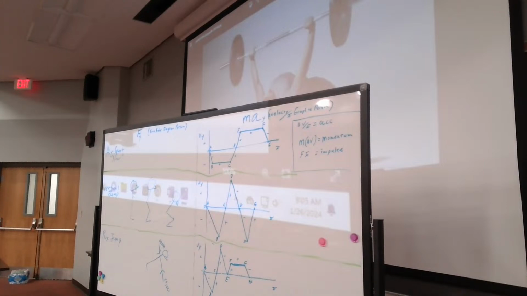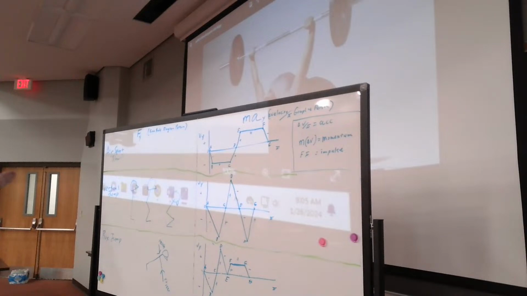So what is the force that slowed the bar down while it was going down? Your hands, the push from your hands. What's the direction of that force? Up, positive Y. What is the acceleration? Well, if the unbalanced force is positive, the acceleration has to be positive.